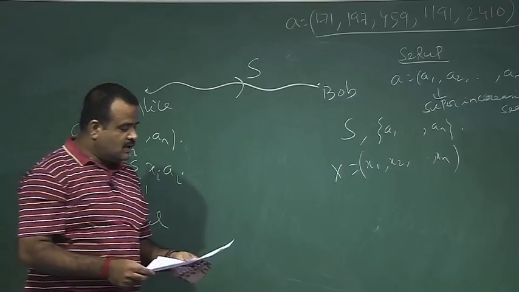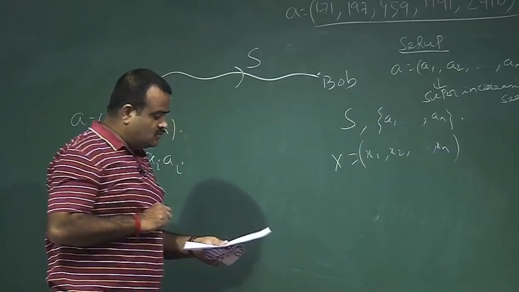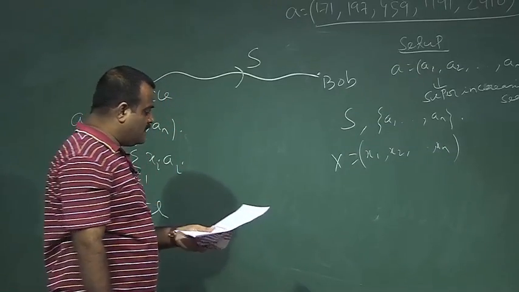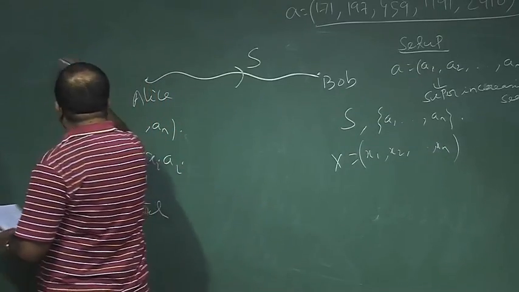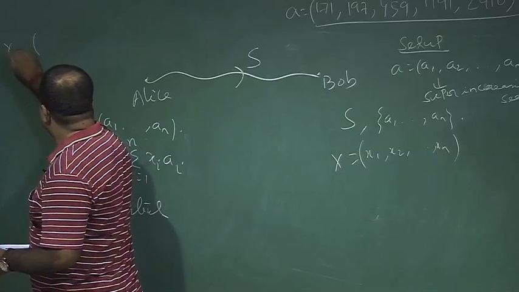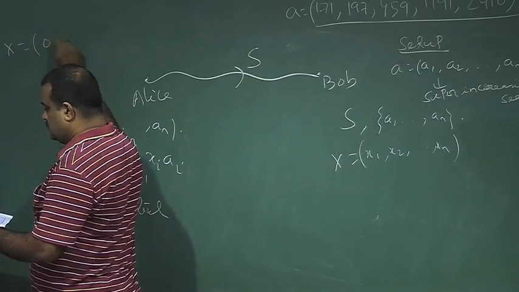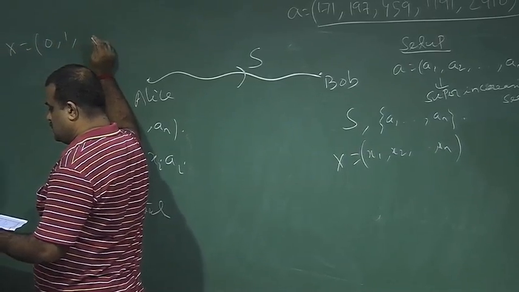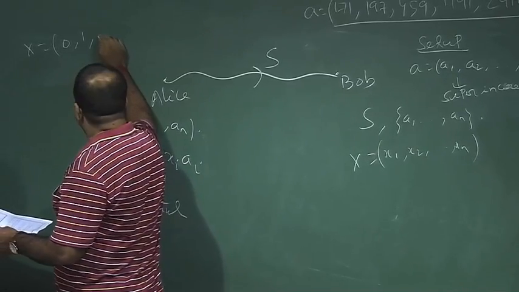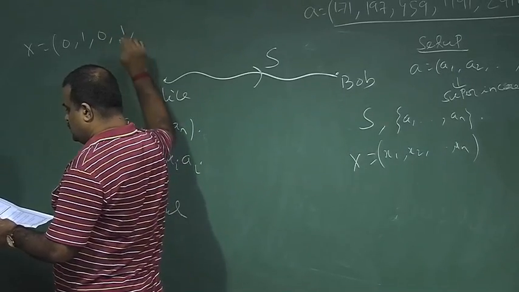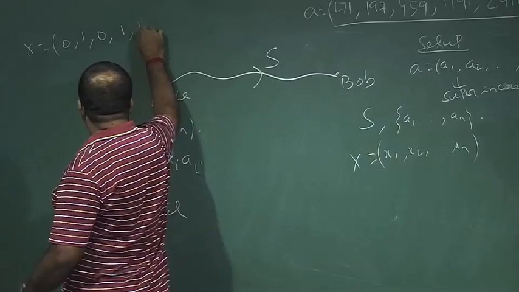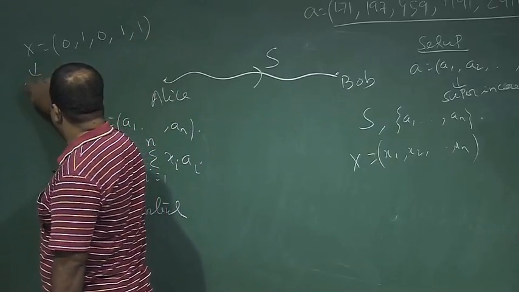Now suppose Alice is choosing a secret vector x, say 0, 1, 0, 1, 1. This is the plain text.